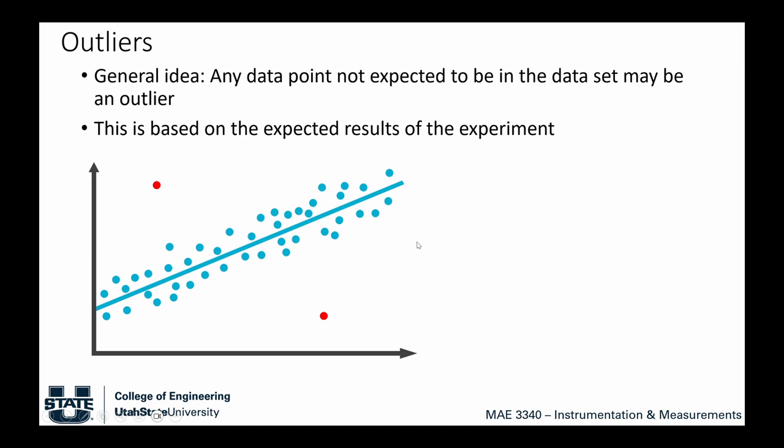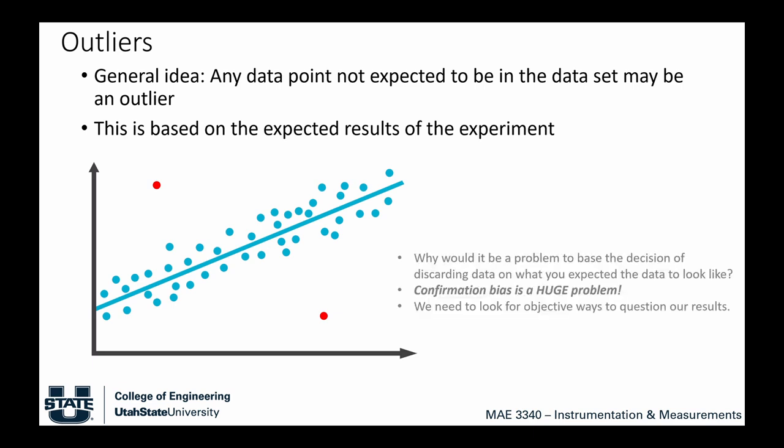Obviously, there are some pretty major cautionary tales about throwing data out. We don't want to just throw it out. We want to be very cautious whenever we throw out data. Because if we made a decision based off of discarding data, and it actually occurred and it was a true data point, then we would be in trouble, because we as an engineer are prescribing maybe material properties or the performance of a system based on our measurements.